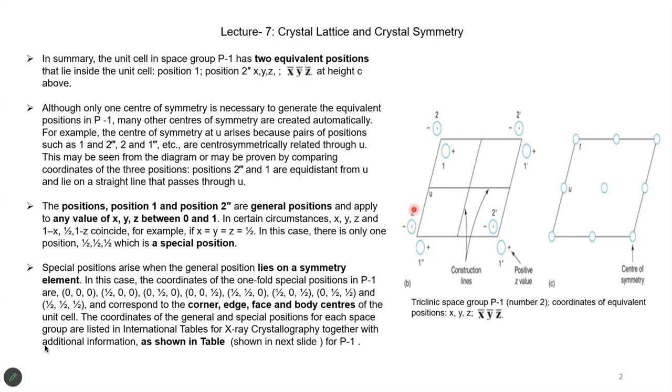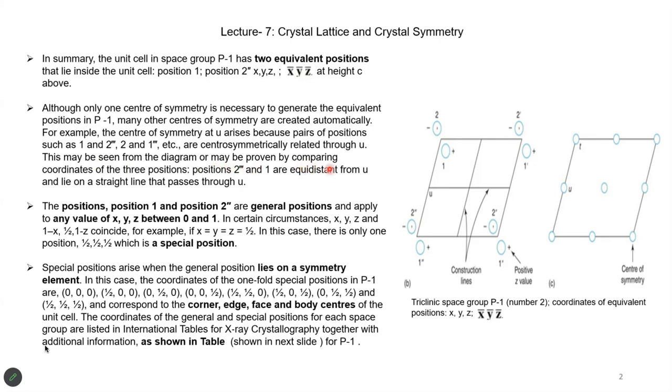This is just a notation we have taken. Because of this, at U there is a center of symmetry, and therefore this point arises automatically.